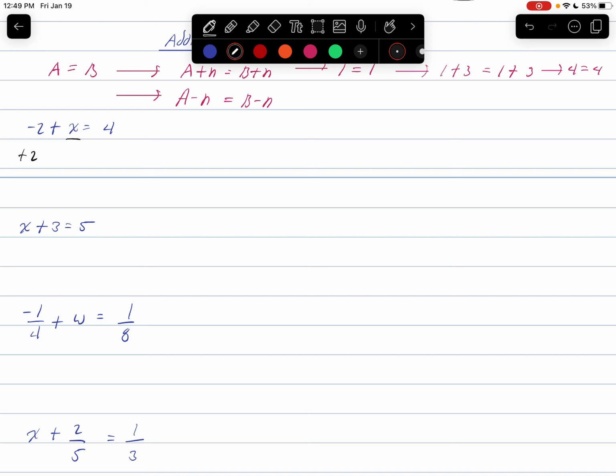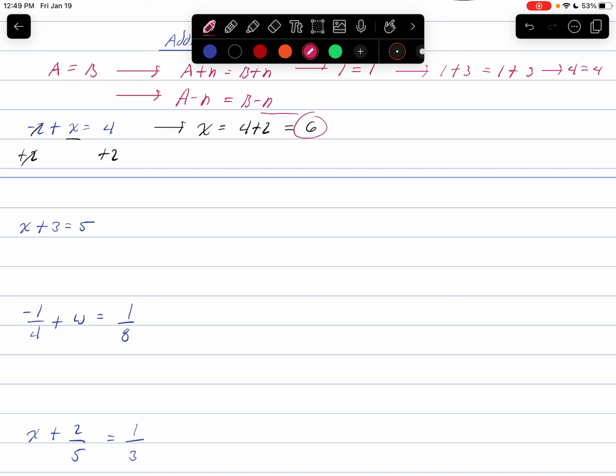But since we added it to the left side, we also have to add it to the right side. That's going to keep our equal sign equal. All right, so these will cancel, and now we're going to end up with x is equal to 4 plus 2, or we have x is equal to 6. And what's really nice about this is that you can actually go back and check your answers.